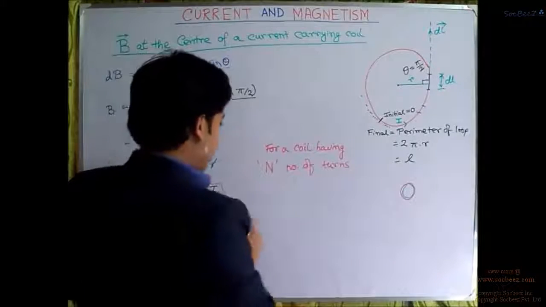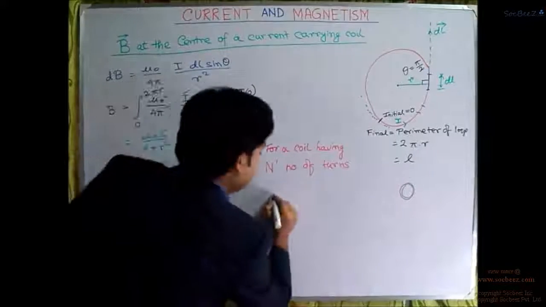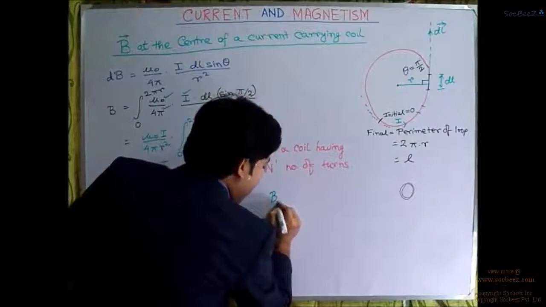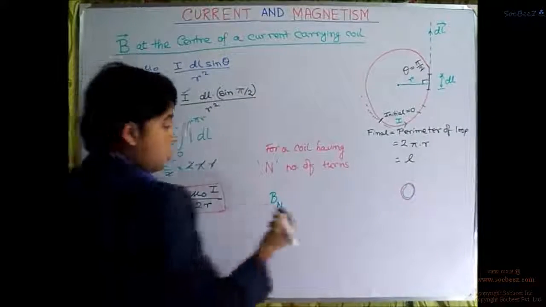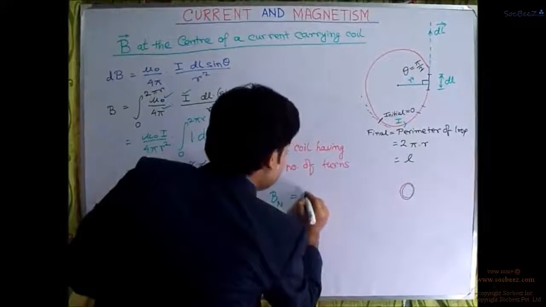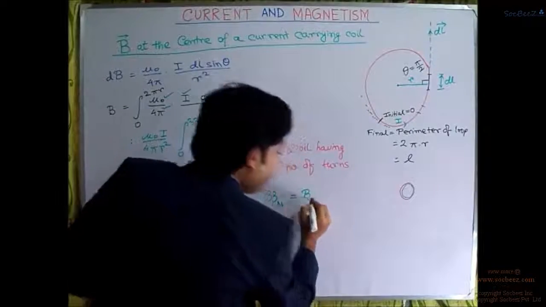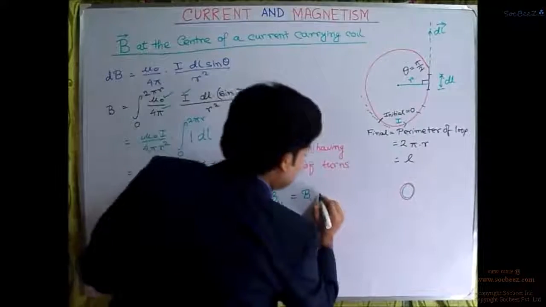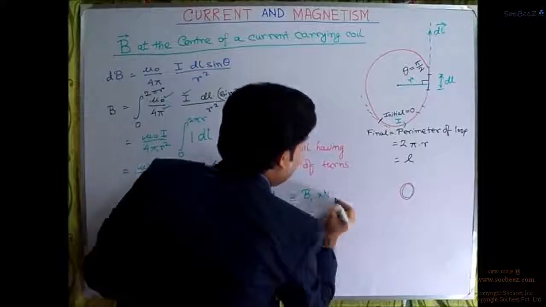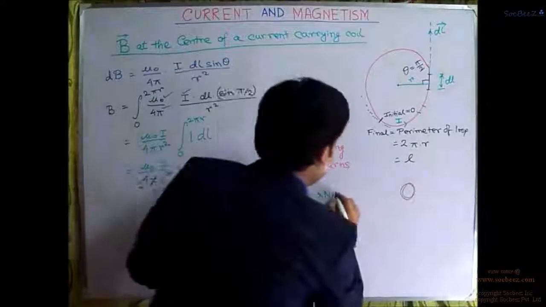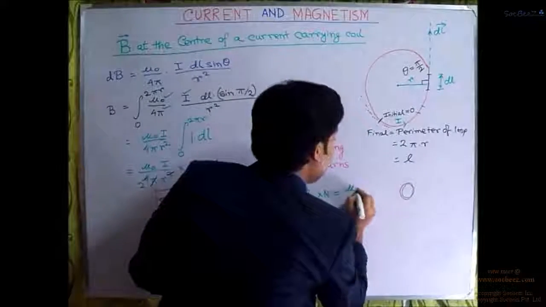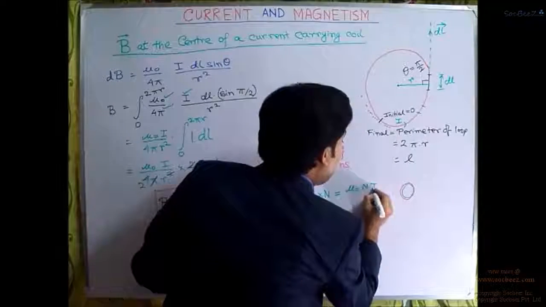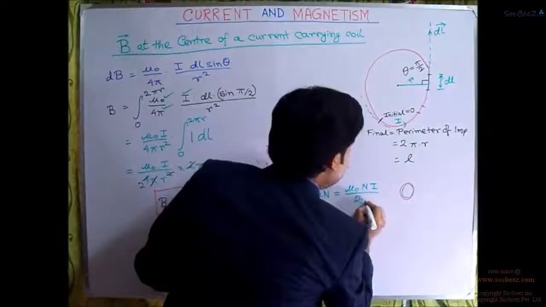So at that moment, B for n number of turns will simply be equal to B for 1 multiplied by n, which will be equal to mu naught N I divided by 2r.